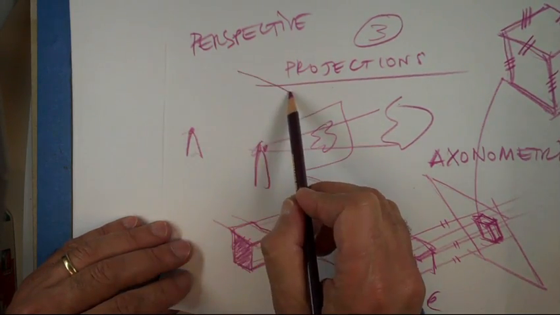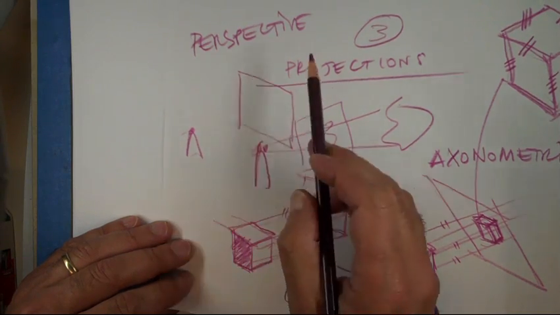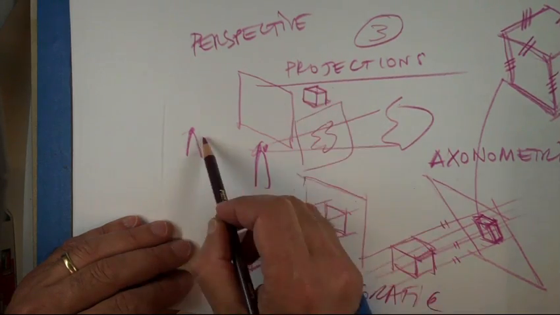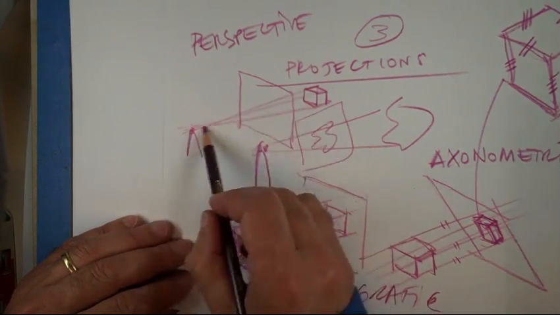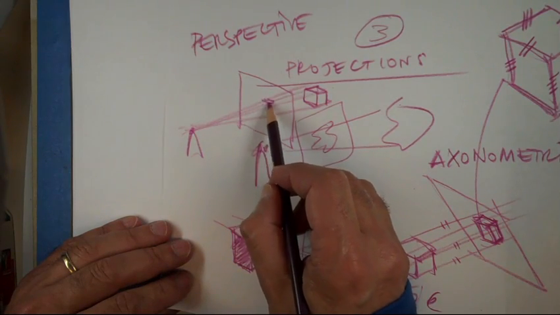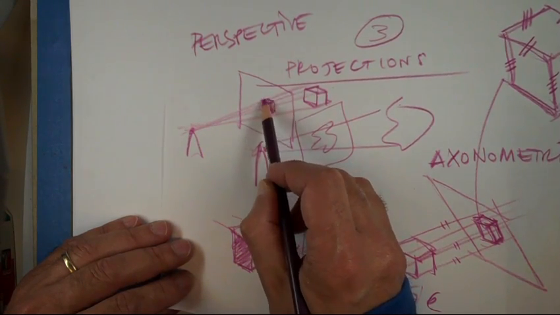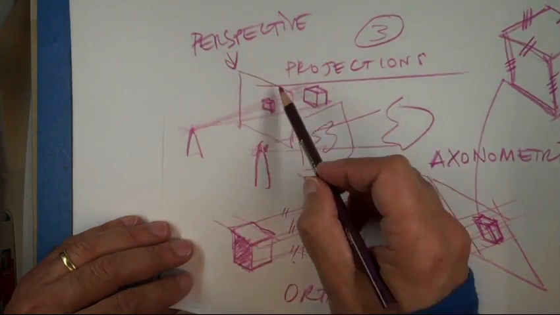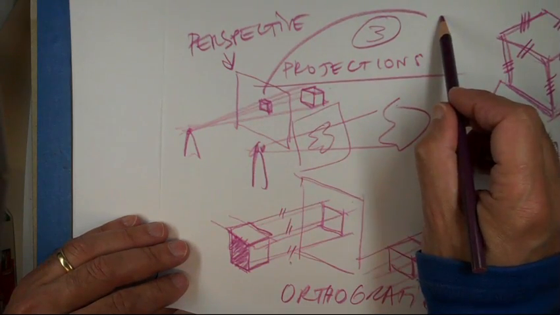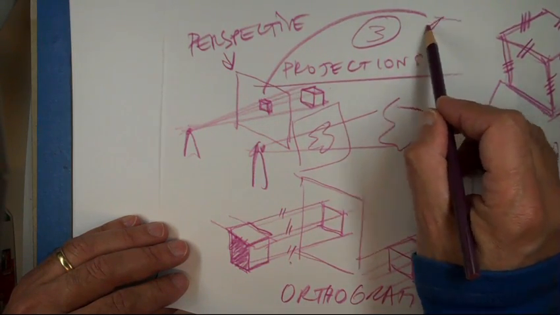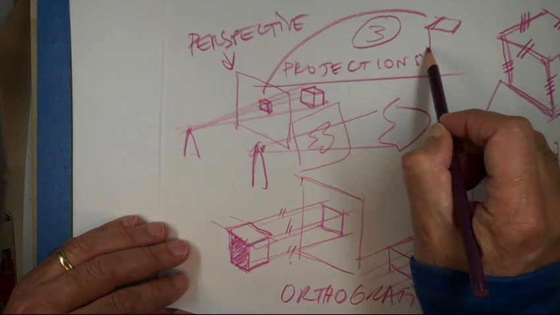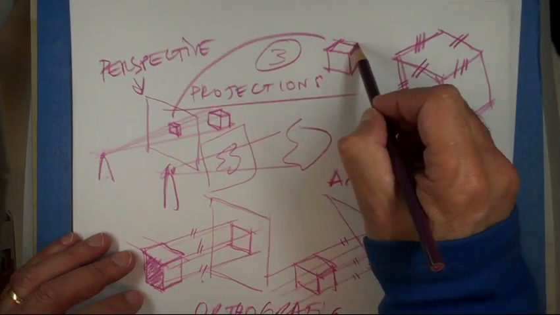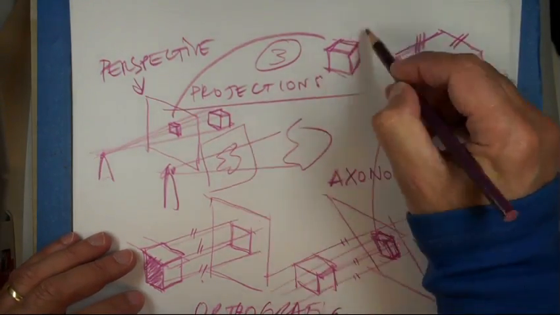Now let's see if I can fit it all. Maybe there is an object here. Again, very rough. You might see that it's starting to get a little bit converging.